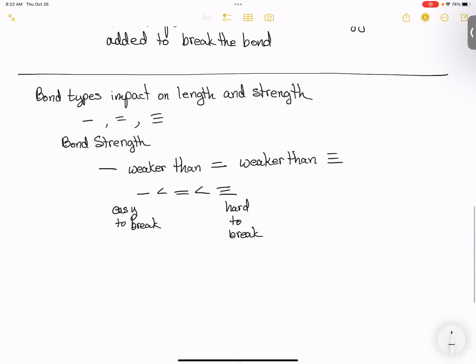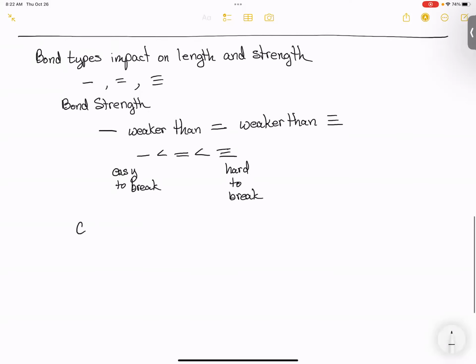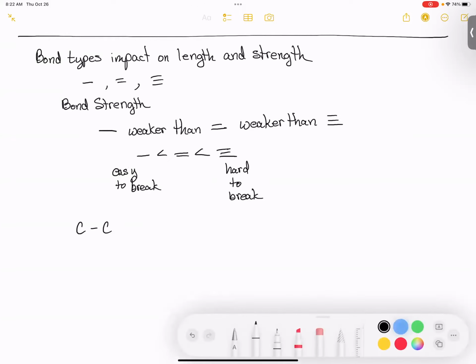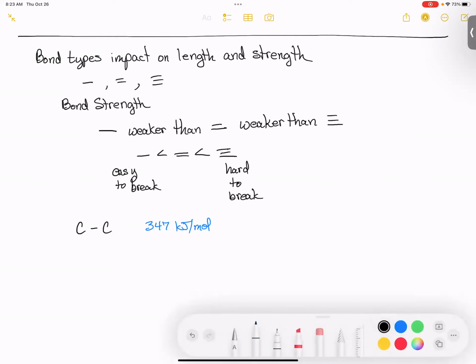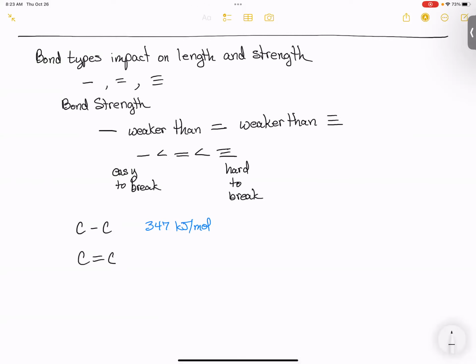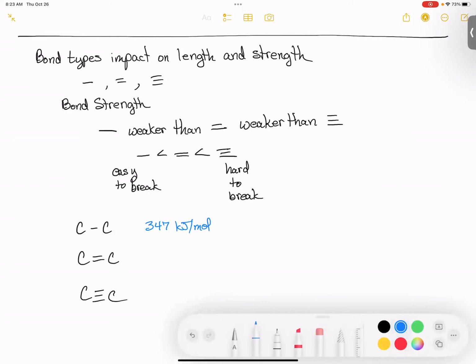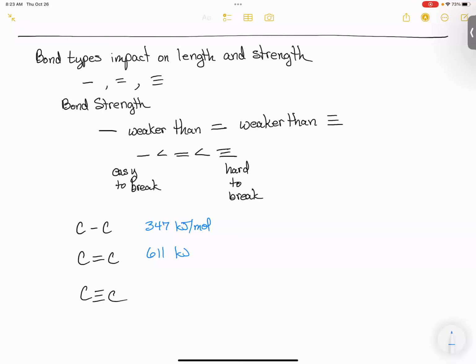To give you an example, a carbon single bond is 347 kilojoules per mole of energy. A carbon double bond requires 611 kilojoules of energy to break, whereas a triple bond is 837 kilojoules of energy to break.